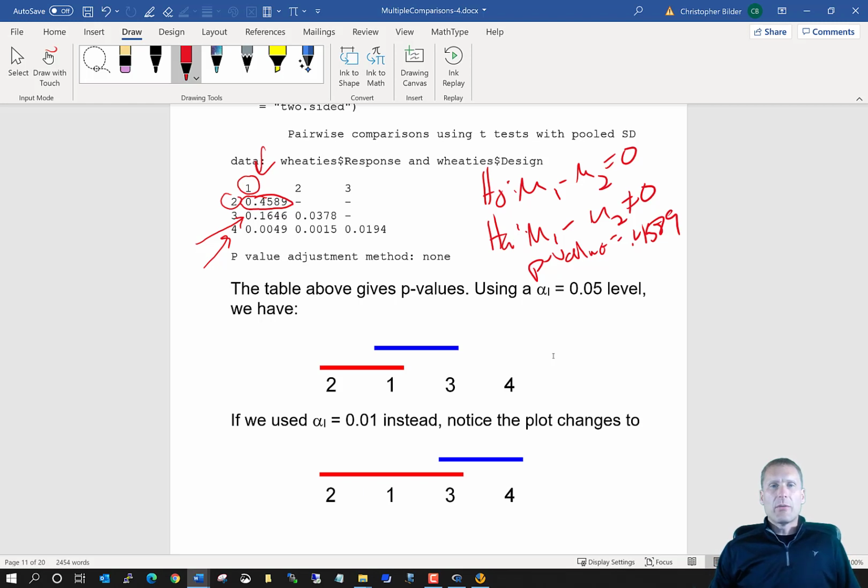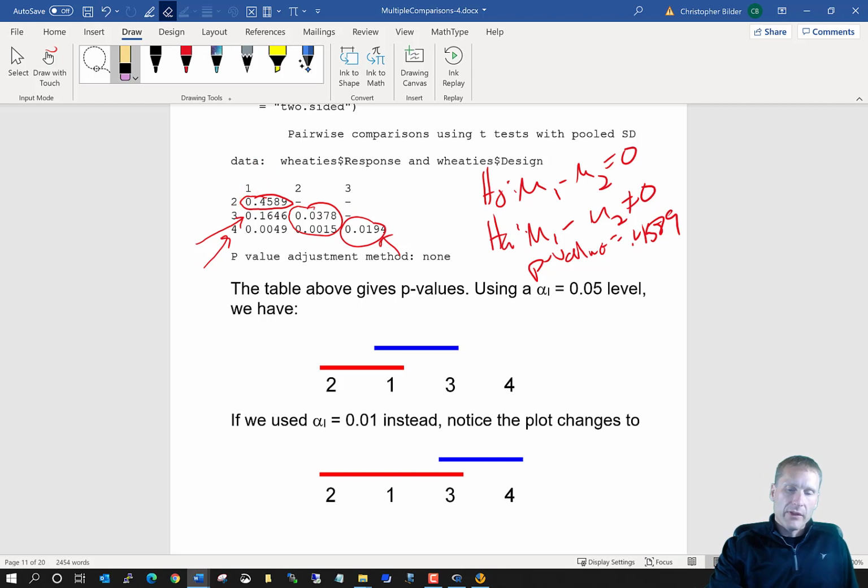Now I get a really small p-value. So what that does tell me is that, yes, indeed, there is sufficient evidence to indicate that for design 4 and design 1, there is a difference in the corresponding population means. And you can look at the other p-values as well. So, for example, the 0.0194 there is comparing mu3 to mu4.